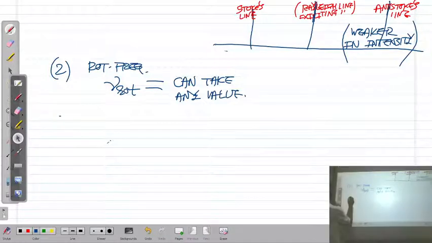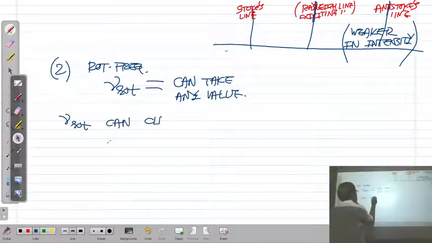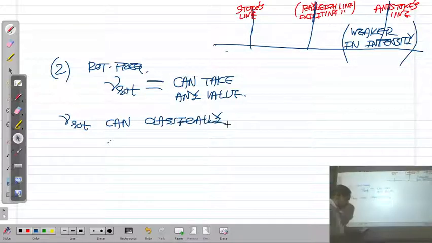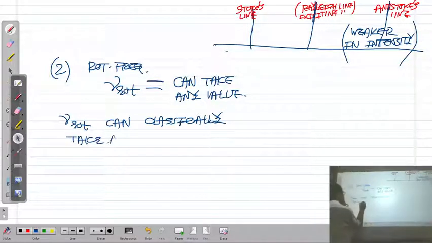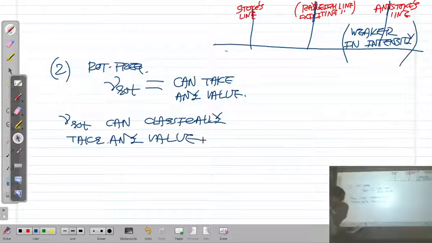So I write the second limitation. Classically, rotational frequency can take any value.